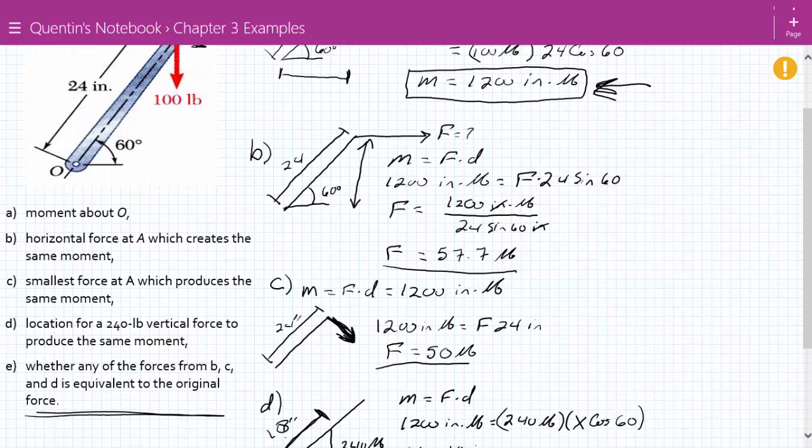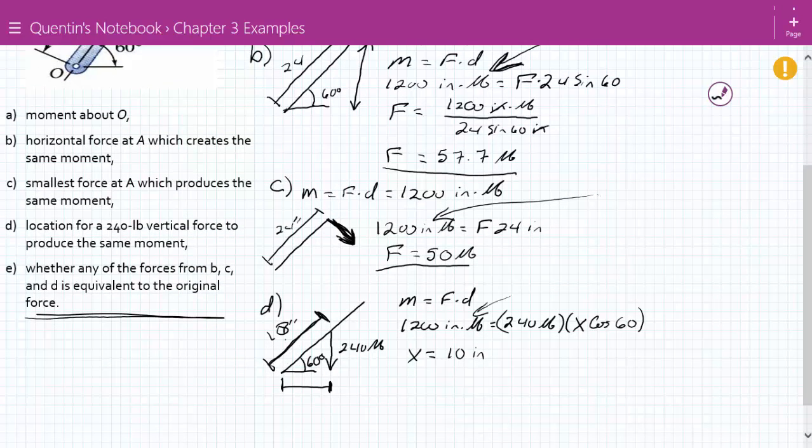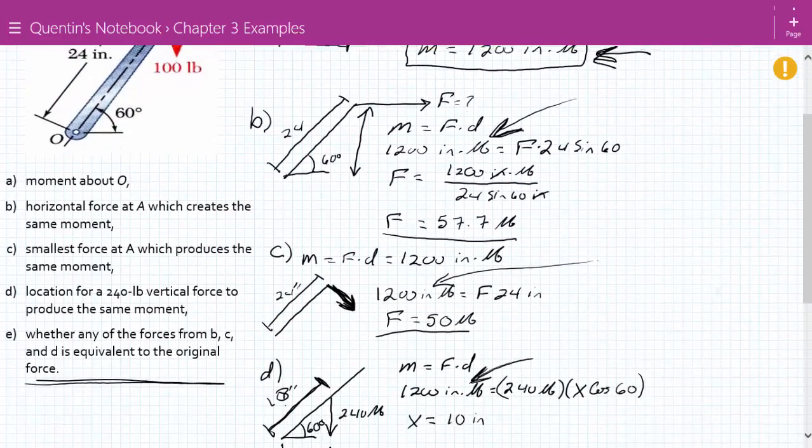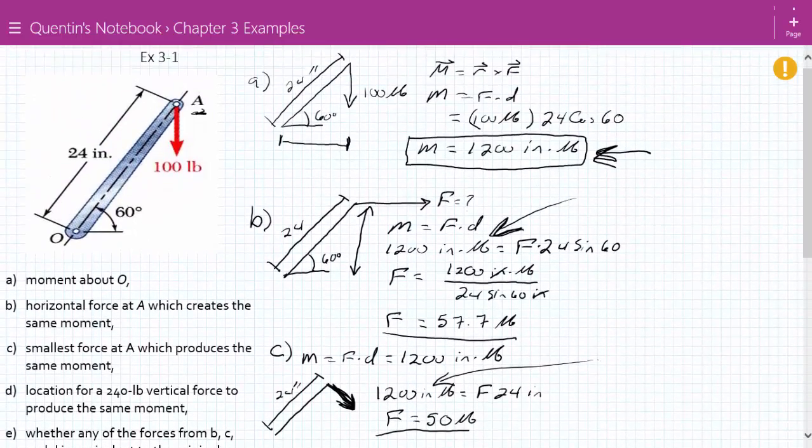This one has the same moment, and this one and this one have the same moment. These all have the same moment because that's what was asked. So these all have 1,200 inch-pounds moment, or that much tendency to rotate about point O.